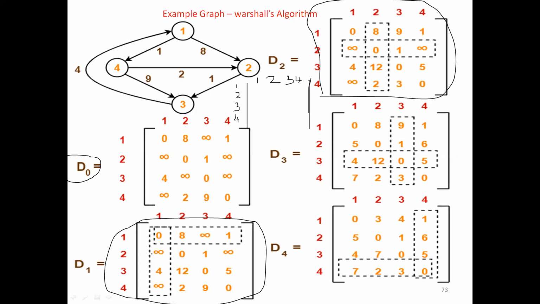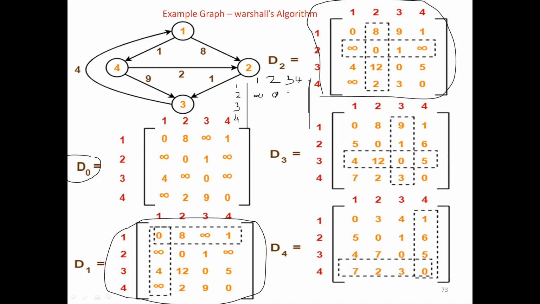What is the second row? I am writing infinity, 0, taking the input from D1, not from D0. That is important.